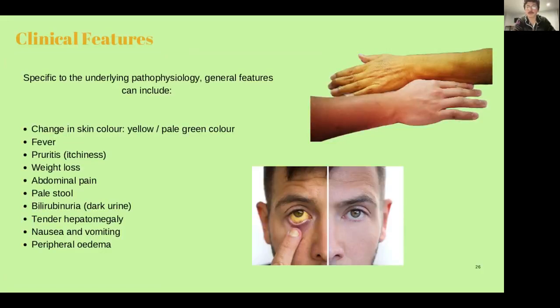It depends on the cause really of the jaundice, what symptoms you're going to get, doesn't it? So if you have cancers, if you have cholangitis, cholecystitis, you'll get that abdominal pain. If you have obstructive post-hepatic jaundice, you're probably going to have the pale stool and the dark urine, so looking out for those. So basically, it depends on the underlying cause.